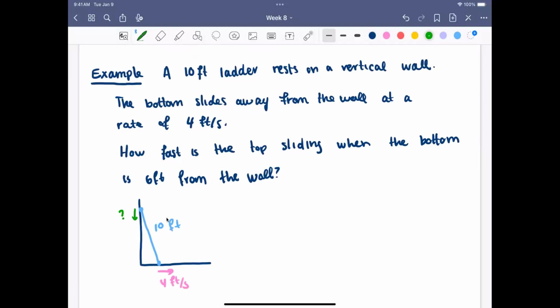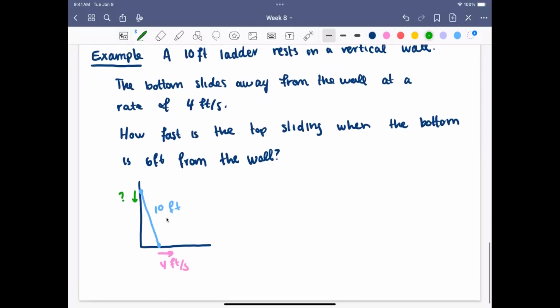Okay, so the first step that we need to do is to define what variables we're going to use. The relevant quantities here are the distance of the bottom of the ladder to the wall and the height of the top of the ladder.